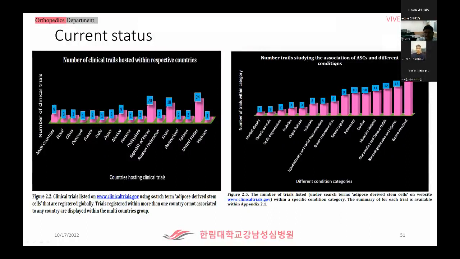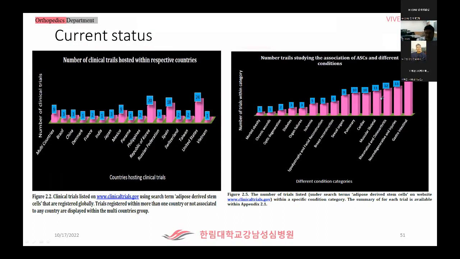However, if you look at the different types of studies, gastrointestinal has 13. In our case, musculoskeletal and osteoarthritis, about 23 clinical trials are going on globally.